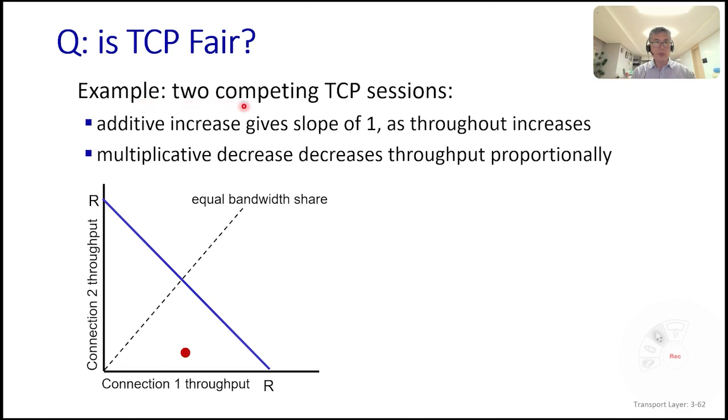Example: two competing TCP connections. Here is connection 1 and its throughput.